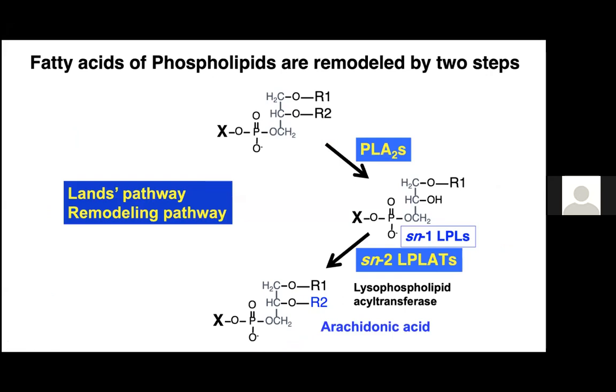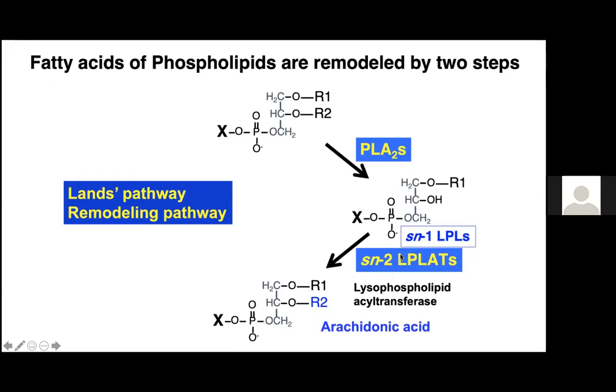Next, I will talk about the enzymes involved in the remodeling pathway. First are the enzymes involved in the remodeling of the fatty acid at the SN2 position of phospholipid. This reaction proceeds in 2 steps. The first step is catalyzed by phospholipase A2, which removes the fatty acid at the SN2 position.